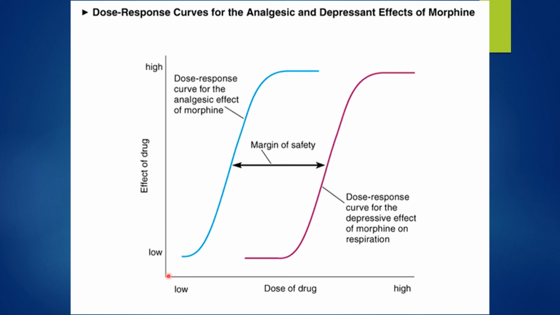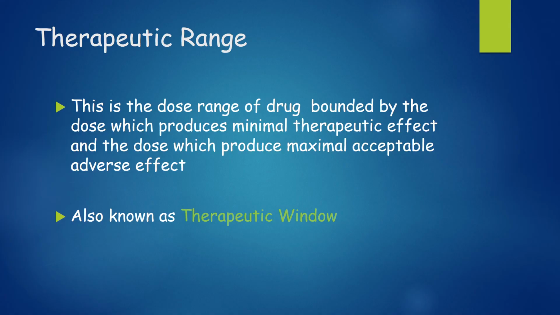You can see the dose starts from a low dose, and then goes to the middle area, so it has gone to a toxic or depressant effect. The gap between the analgesic effect and the depressant effect is known as the margin of safety, or the dose range we can find from this graph. So, this is the importance of our DRC.